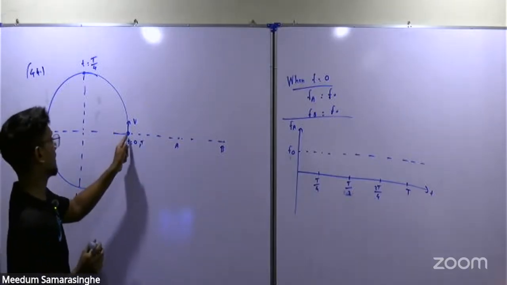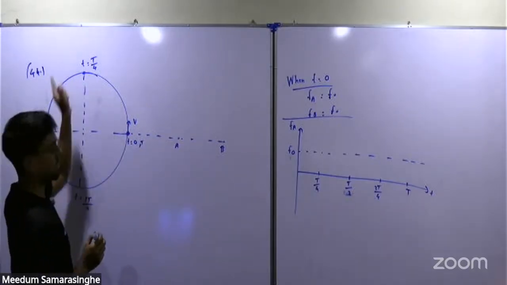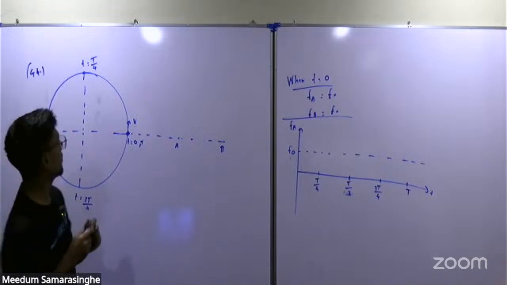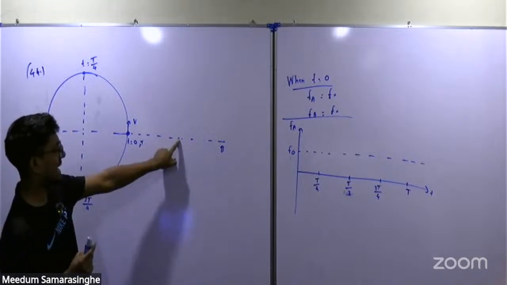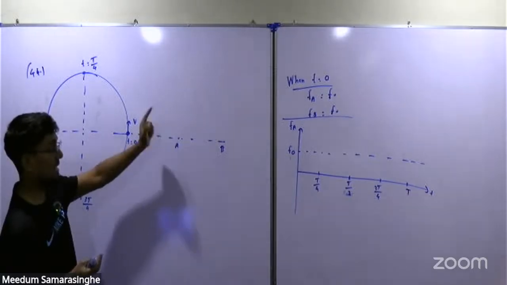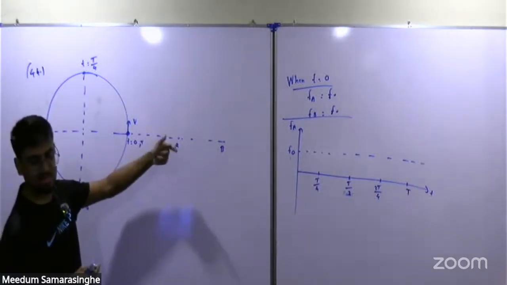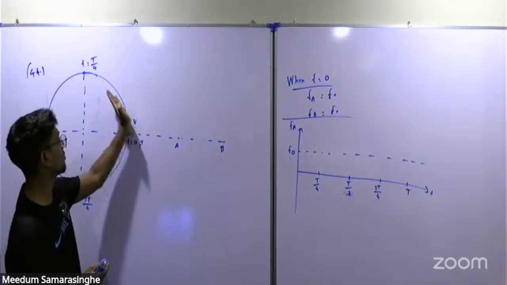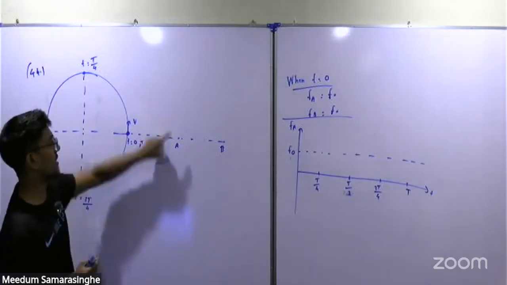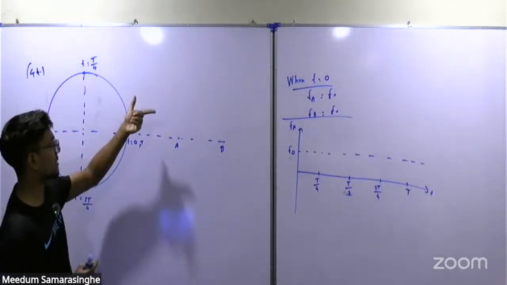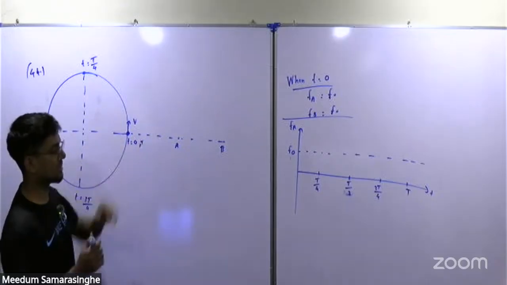Now it is traveling in this circle, in this path. The frequency heard by A becomes minimum when the source is moving away from him. The frequency heard by A is maximum when the source is moving towards him.